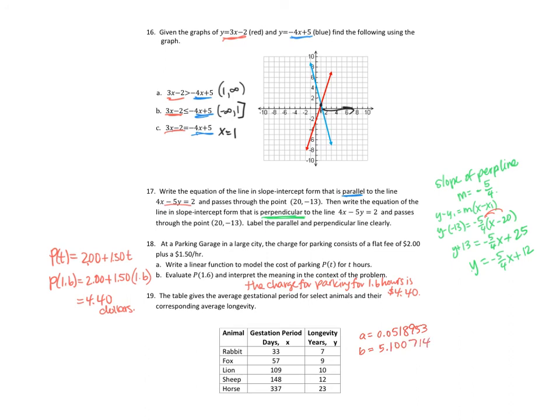I wonder how many decimal places we need here. So we'll have y is equal to, that's my slope, ax plus b. So y is equal to 0.05189x plus 5.100714.